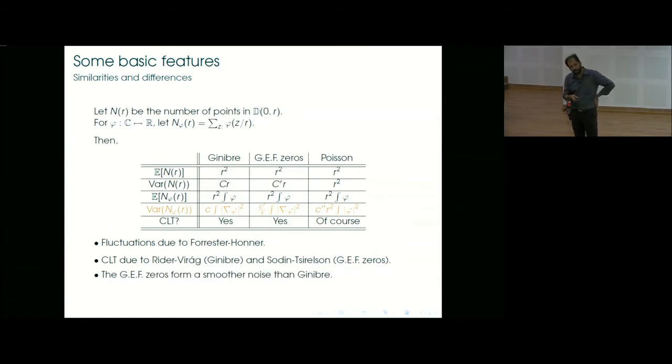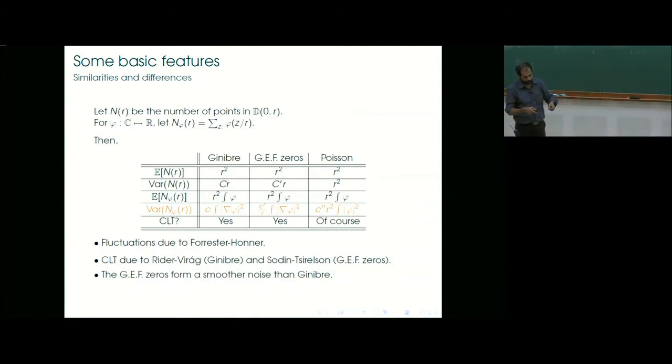Whereas for the Ginibre ensemble, the variance will not even grow. Even when you are covering larger and larger regions, the variance just stabilizes to a constant times the L2 norm squared of the gradient of phi. This is again understandable if you think of this as a lattice with minor perturbations.